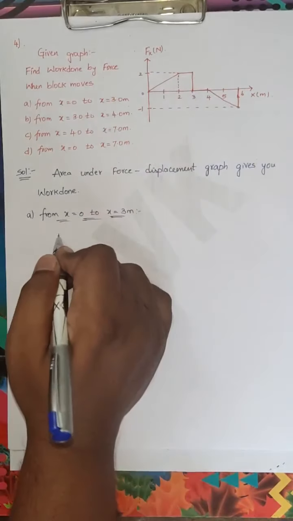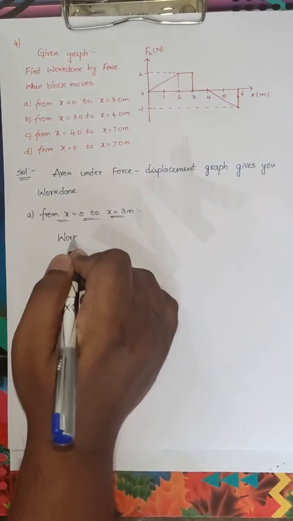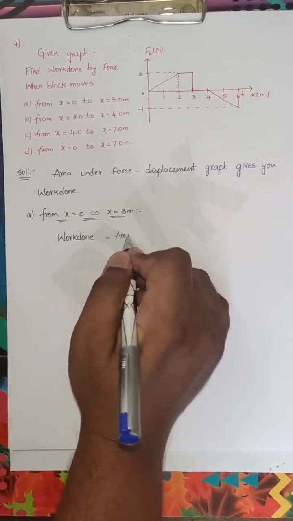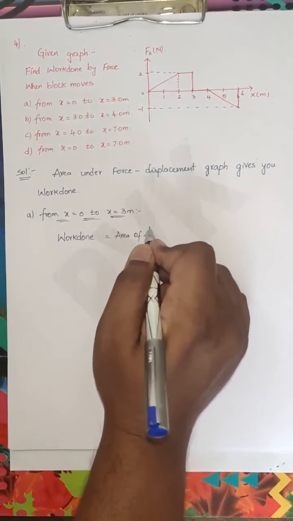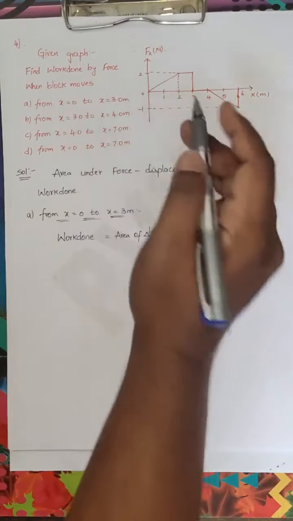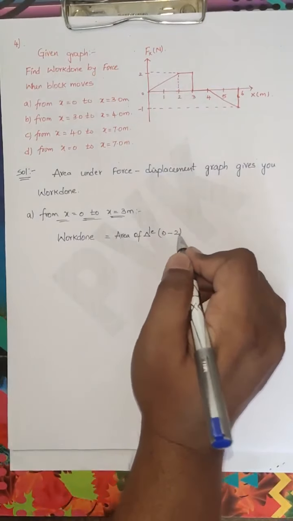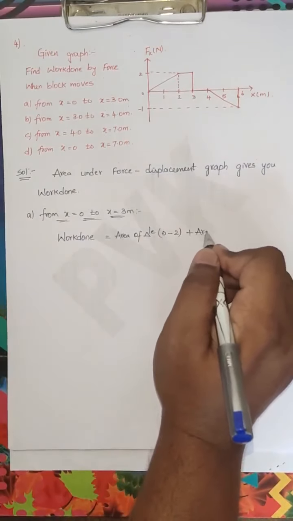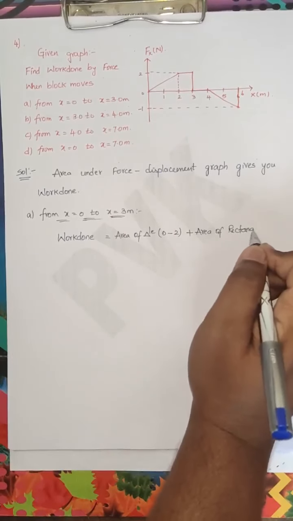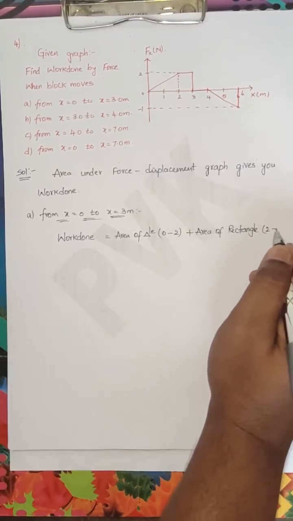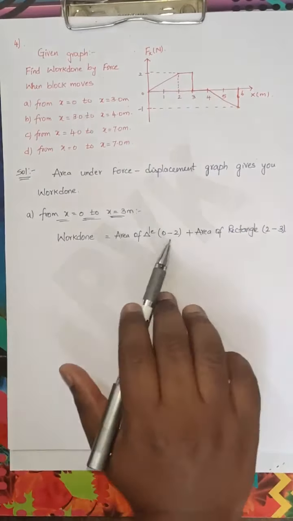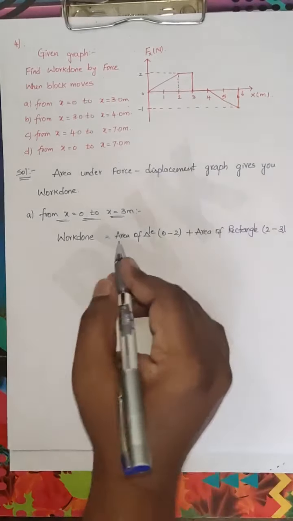So work done is equal to the area of the triangle, from 0 to 2, plus the area of the rectangle, which is between 2 to 3. As he asked from 0 to 3, overall we have taken the figure as two parts.